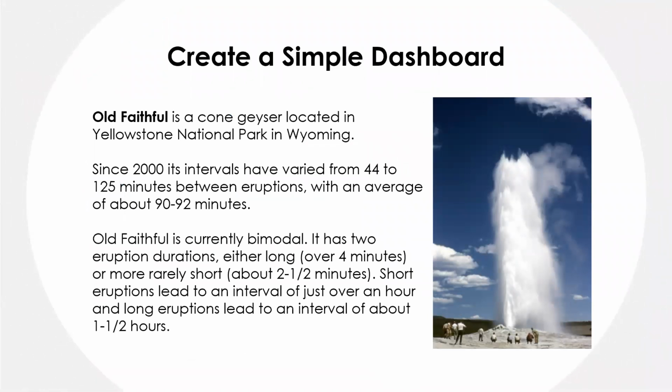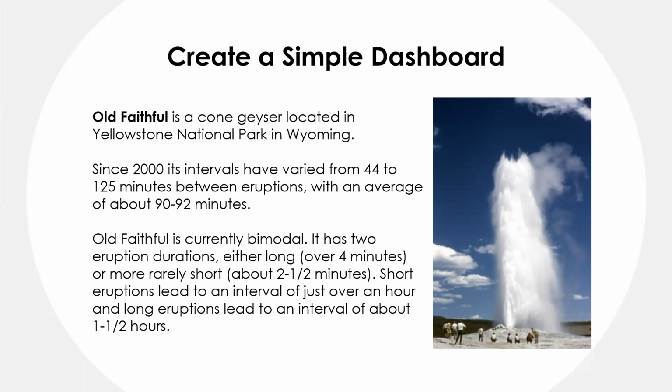So just a quick story here. Old Faithful is a geyser located in Yellowstone. The takeaway here is that maybe some data scientists or somebody in the field figured out that Old Faithful has a range essentially from 44 to 125 minutes, so a little bit less than an hour to almost over 2 hours, and the mean or the average is about 90 to 92 minutes.